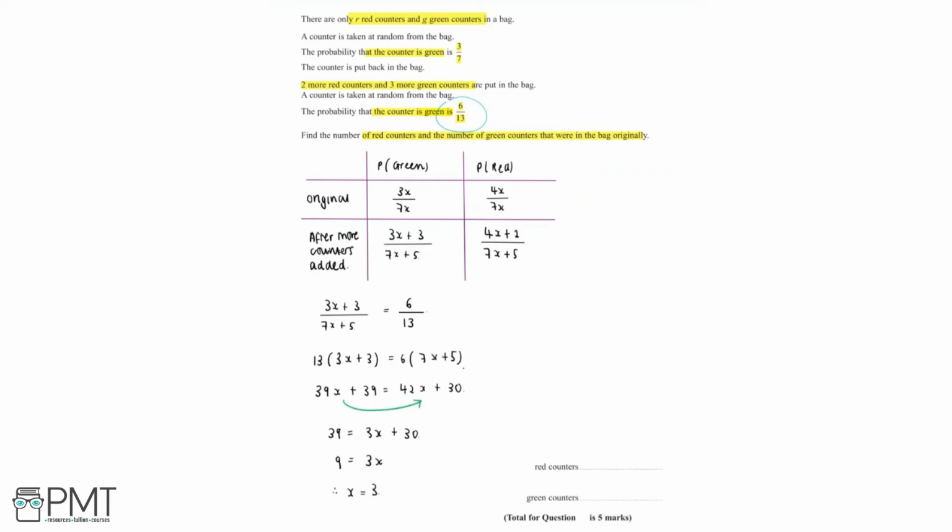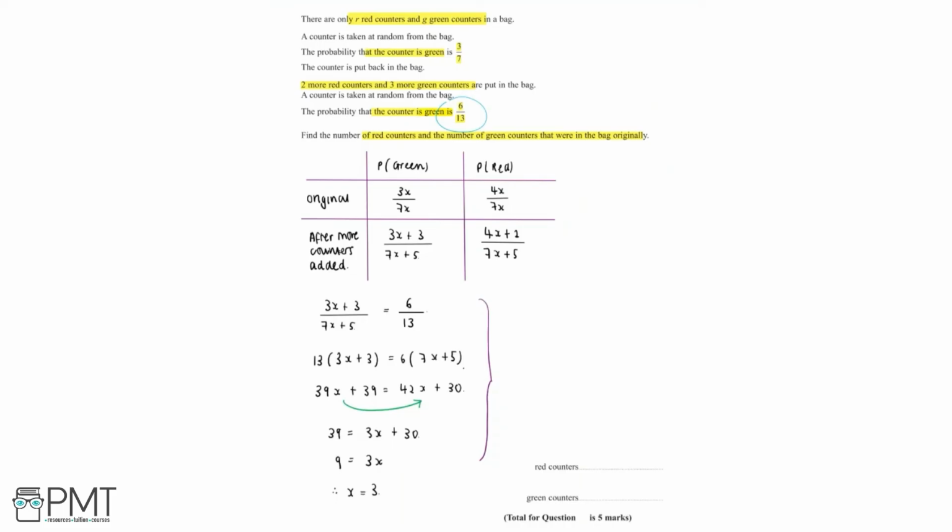Now let's remind ourselves about what the question is actually asking us. We need to find the number of red counters and the number of green counters that were in the bag originally. Now looking at our table, the number of green counters originally in the bag would be 3x, and the number of red counters originally in the bag would be 4x. Now we found that x is equal to 3. And so let's start with the number of red counters.